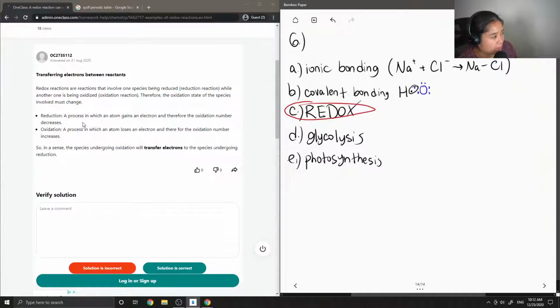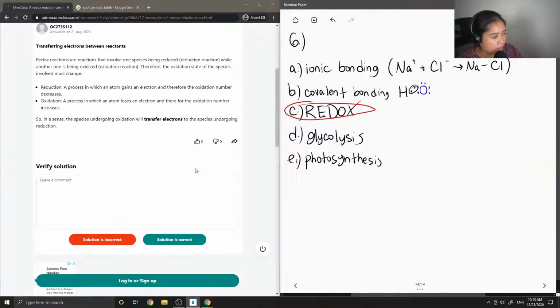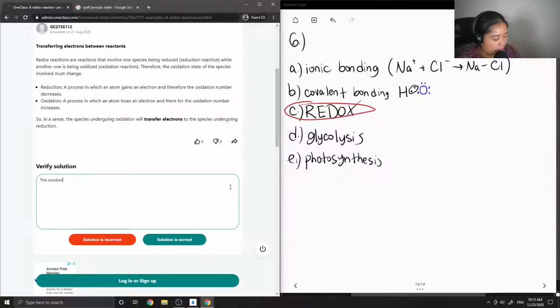Reduction is a process in which an atom gains an electron and therefore the oxidation number decreases. Oxidation is a process in which an atom loses an electron and therefore the oxidation number increases. So in a sense, the species undergoing oxidation will transfer electrons to the species undergoing reduction. Yep, so this solution is correct.